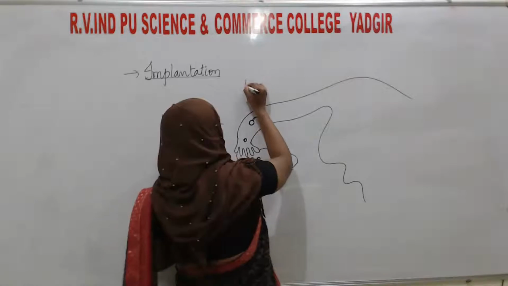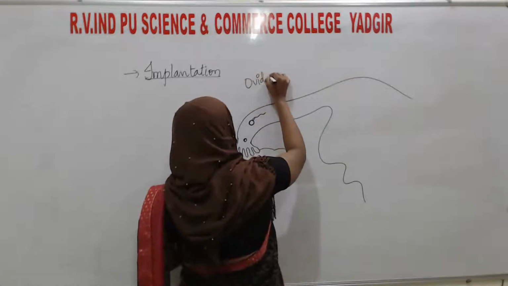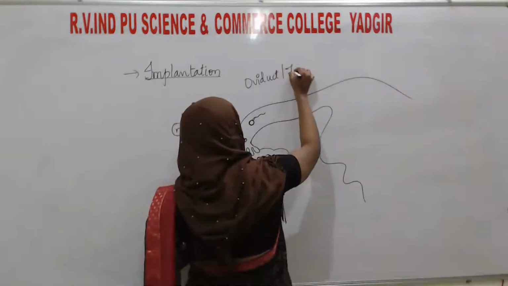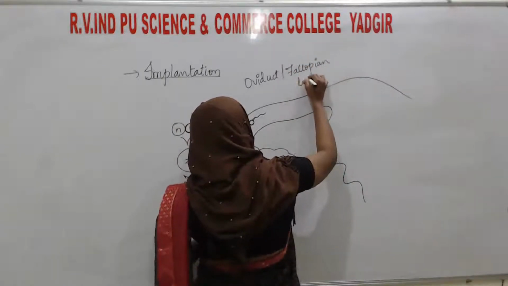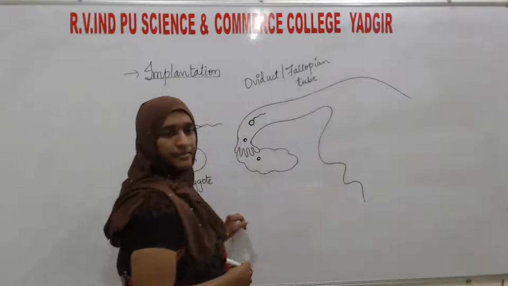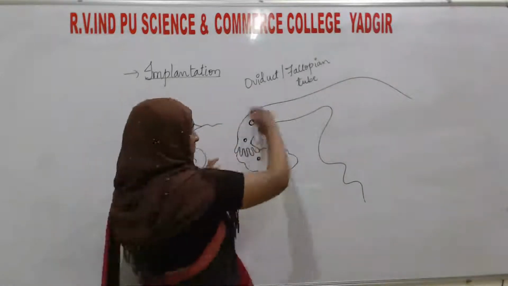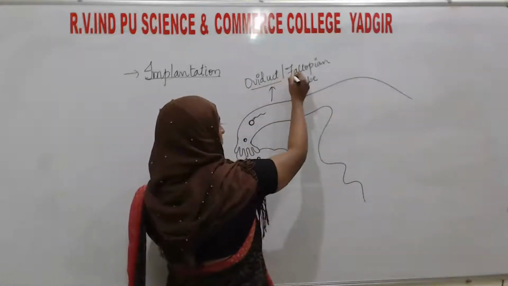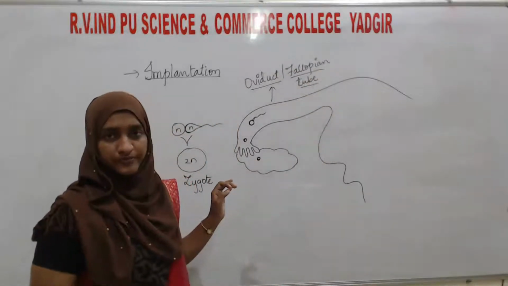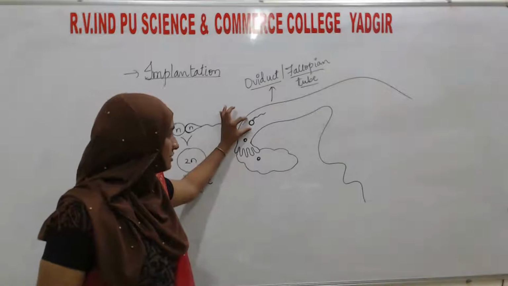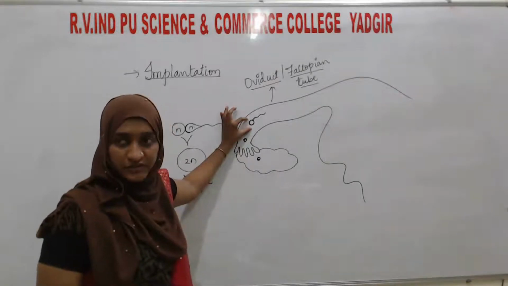This is the oviduct or fallopian tube. This you know. This tube is known either as the oviduct or as the fallopian tube. At this region, fertilization is going to take place.